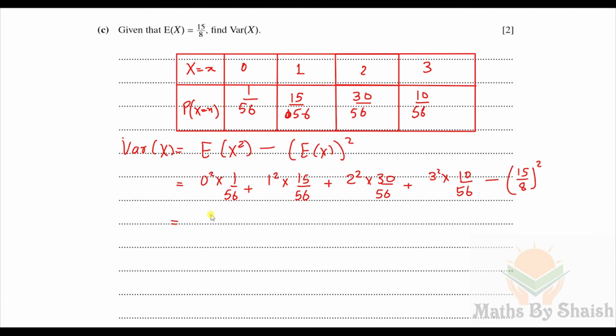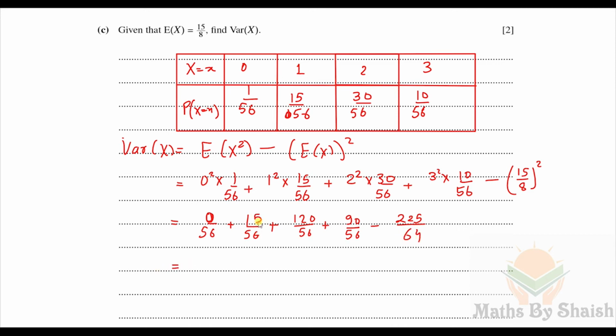So now we are left with 1 over 56 here plus 0 over 56 here, because 0 into 1 is 0, and 15 over 56 plus 4 into 30, 120 over 56, plus 3 3s are 9, 90 over 56, minus 15 square is 225 over 8 square is 64.